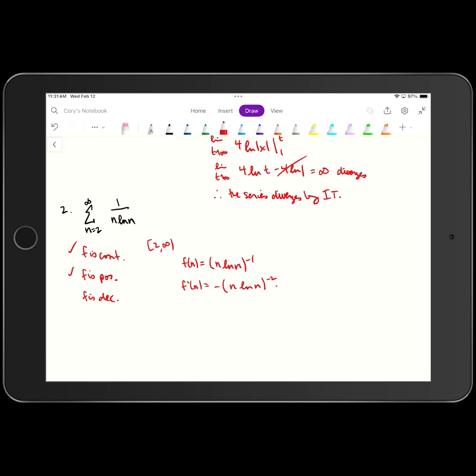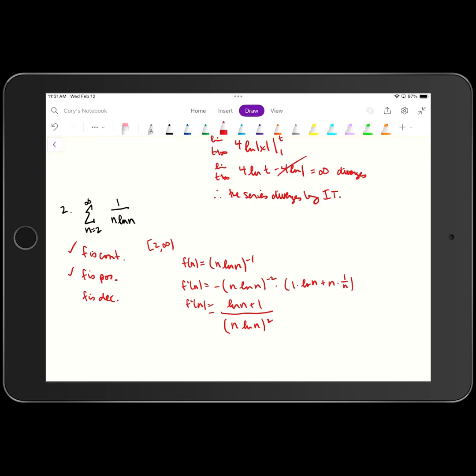That's the derivative of the first, 1, times the second, the natural log of n, plus the first, n, times the derivative of the second, which is 1 over n. So I can rewrite f prime of n as the opposite of the natural log of n plus 1, that whole thing, divided by n times the natural log of n, squared.